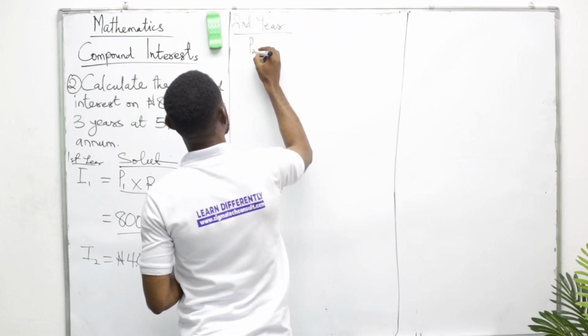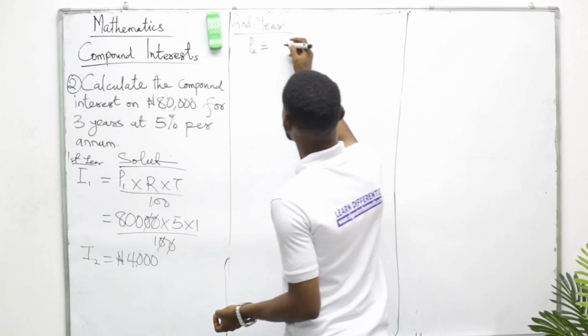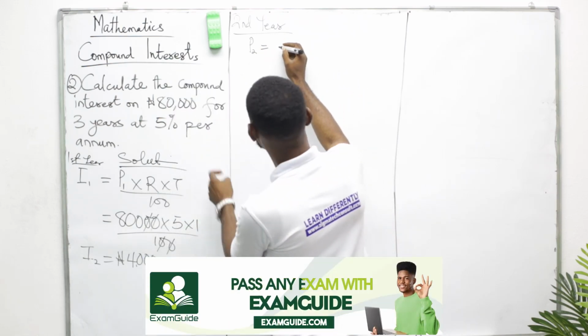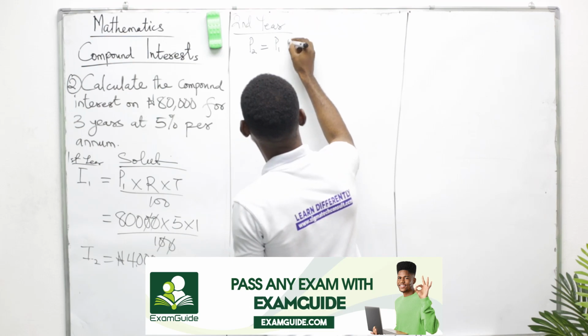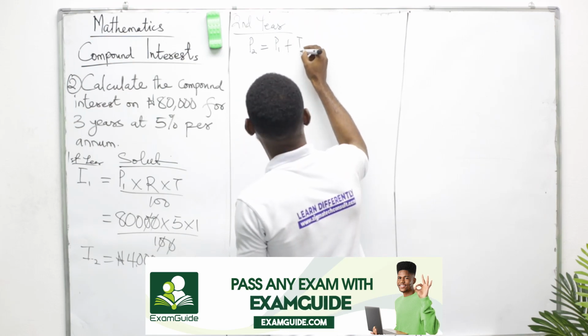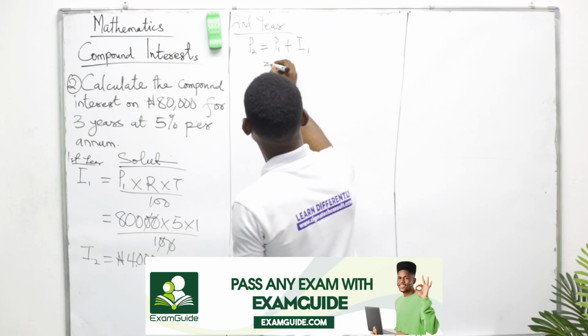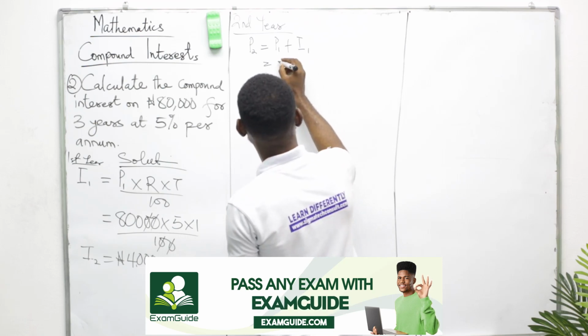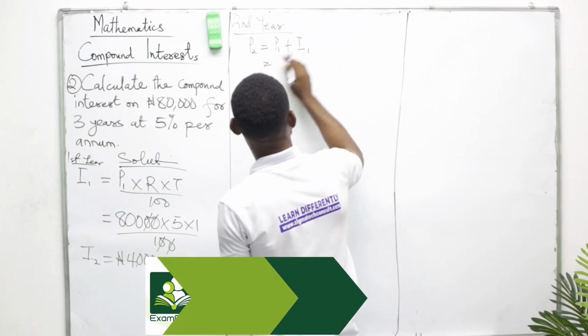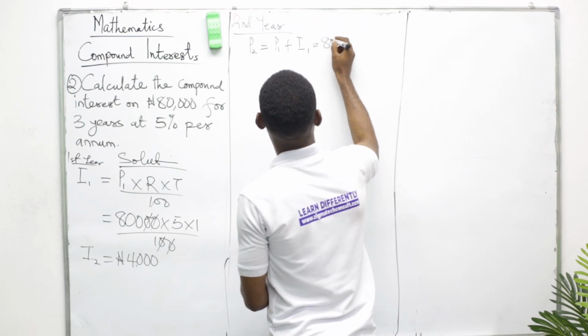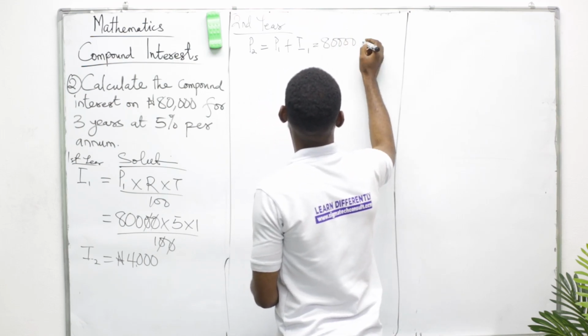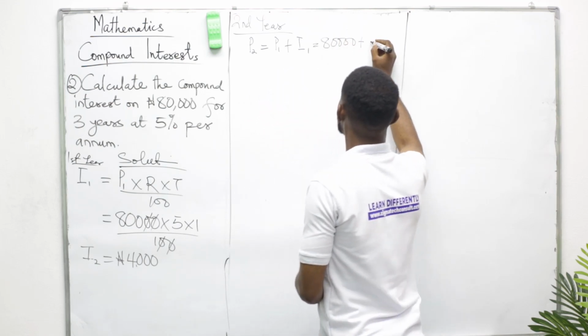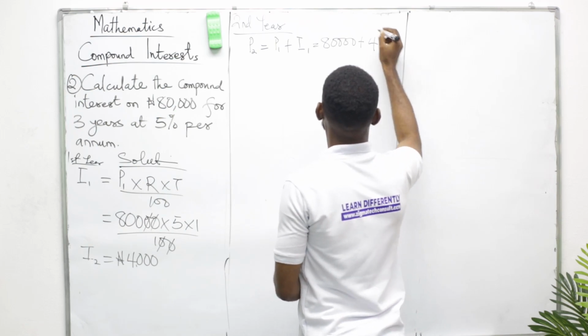P2 will now be equal to P1 plus I1. So it will be equal to 80,000 plus 4,000.